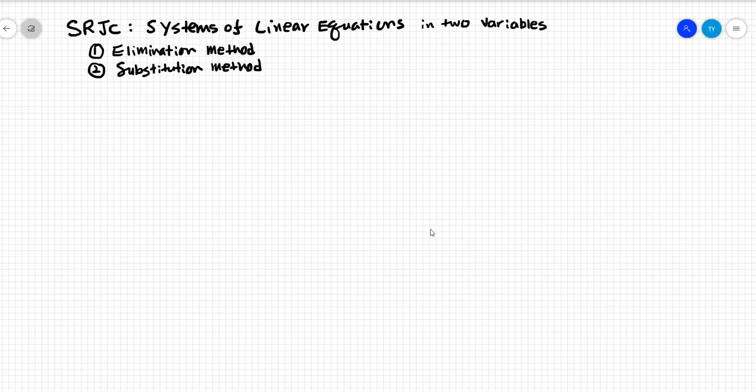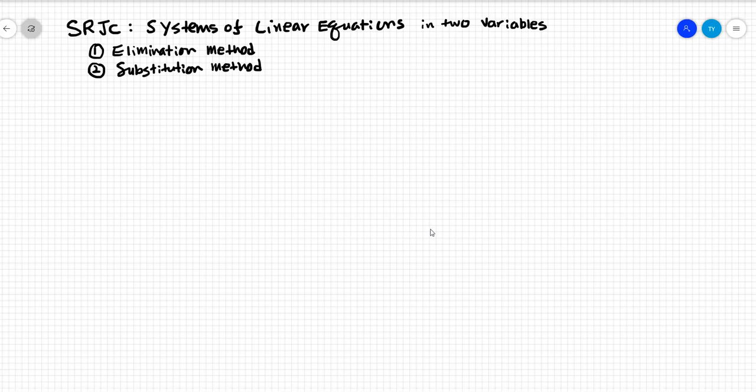Either method is going to be okay, but there will be times when you would prefer one method over the other because of the nature of how the equation is written. One method is going to be much easier to apply than the other.